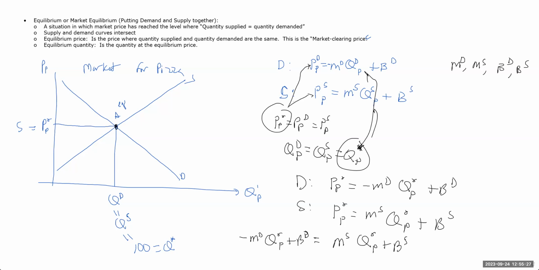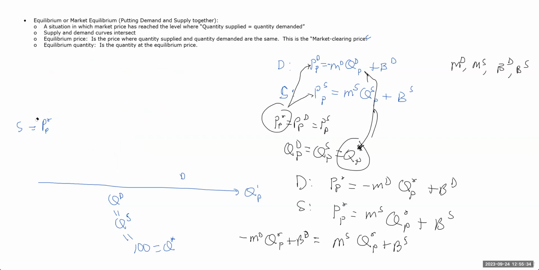Okay, one of the unknowns is Q star. The other unknown is price. So I'm going to erase this to have space.